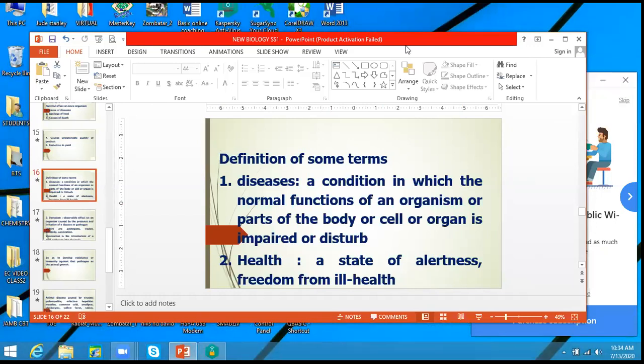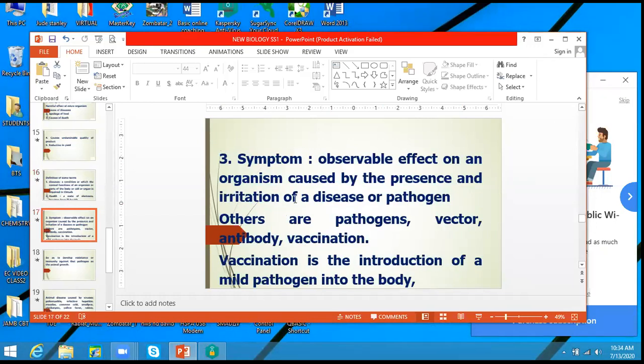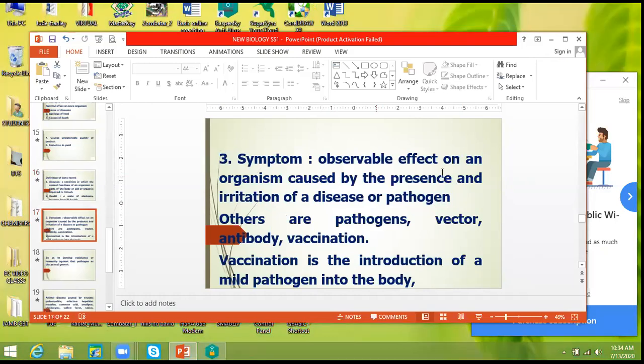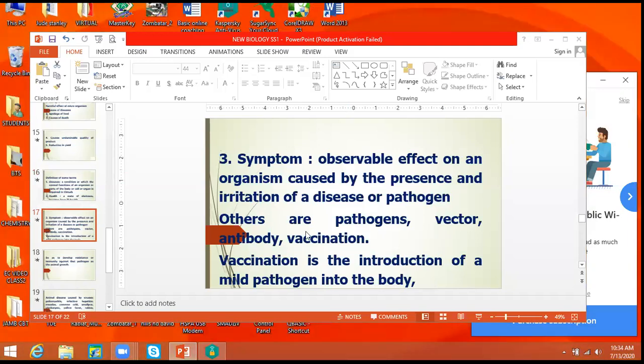Now, number 3, you have symptoms. What are symptoms? Observable effects. I said an effect can be positive or negative. So symptoms are observable effects on an organism caused by the presence of a disease or pathogen. Pathogen means harmful microorganisms.